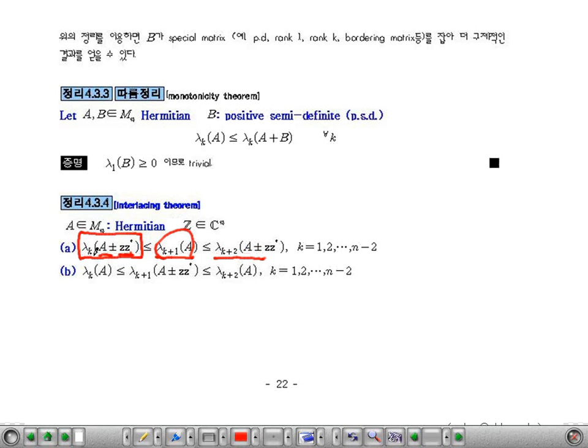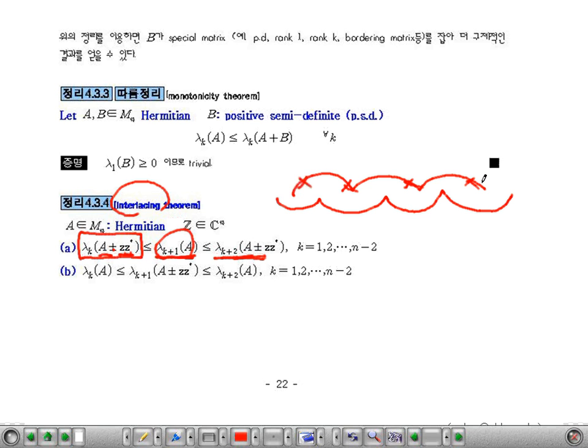If this is the k-th eigenvalue of this one, then that's smaller than the k plus 1's eigenvalue of A, and that's smaller than the k plus 2's eigenvalue of A plus B. This is called the interlacing. The interlacing means if you have something which is in order like this, then there is something in the middle, like this.